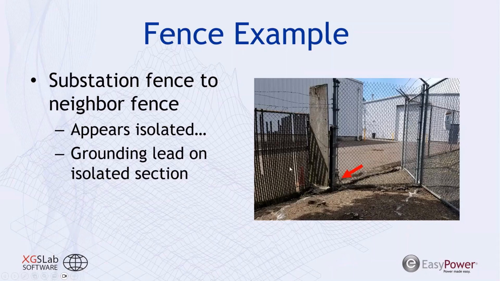So this is a good example where an engineer may have been aware of the issue and provided an engineered design to mitigate transfer voltages, and that may have been observed as being a mistake because of lack of knowledge about transfer voltages. Typically, substations were trying to ground and bond everything, so with transfer voltages, it may be best to ground and bond it, or it may be best to try to insulate and isolate.